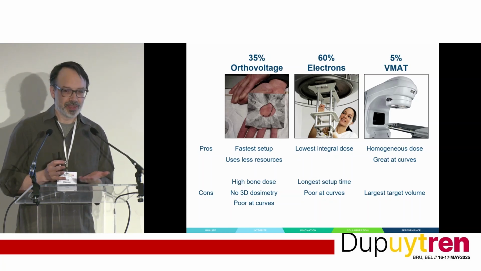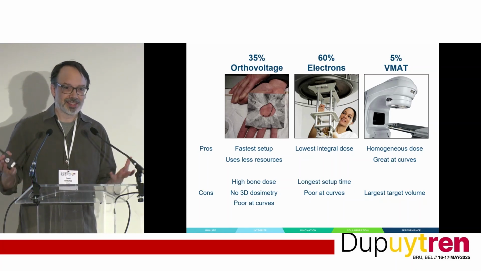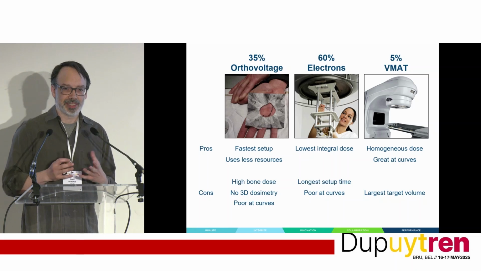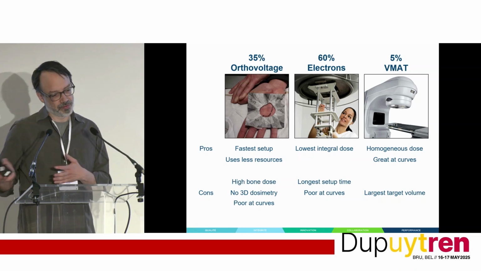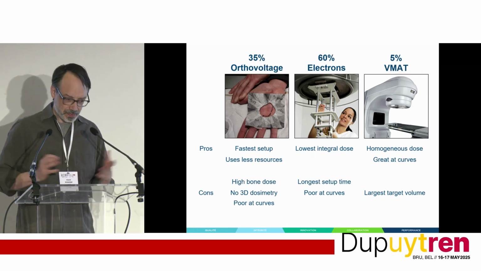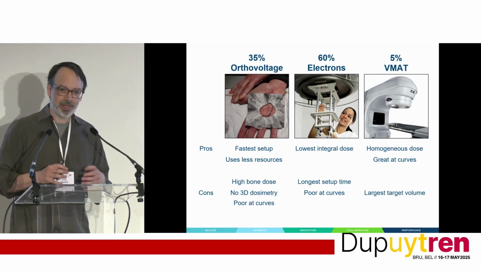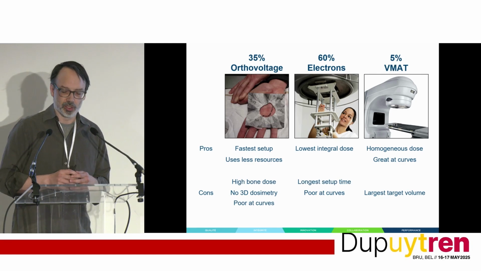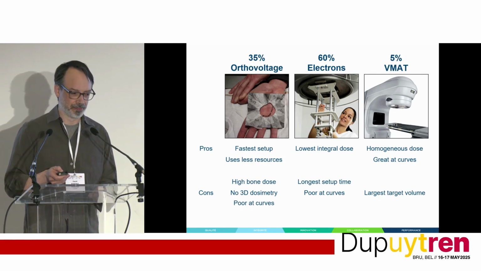The electrons, we feel, has the lowest total amount of radiation to the patient. It does take a long time to set up, and it's not ideal for curves, and it is, with the photons, a more expensive device. The photons give a very homogeneous dose, is what we deal with all the time, but you do treat probably a larger proportion of the hand with this technology.